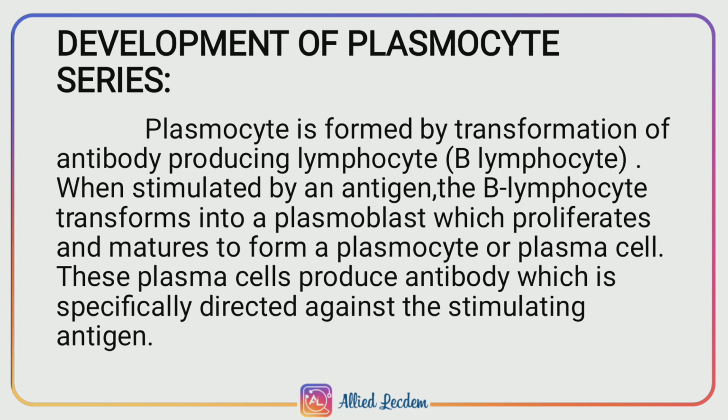When stimulated by an antigen, these B lymphocytes transform themselves into a plasmoblast, which further proliferates and matures into a plasmocyte, which is also called a plasma cell. So, these plasma cells are responsible for producing antibodies which are specifically directed against the stimulating antigen.